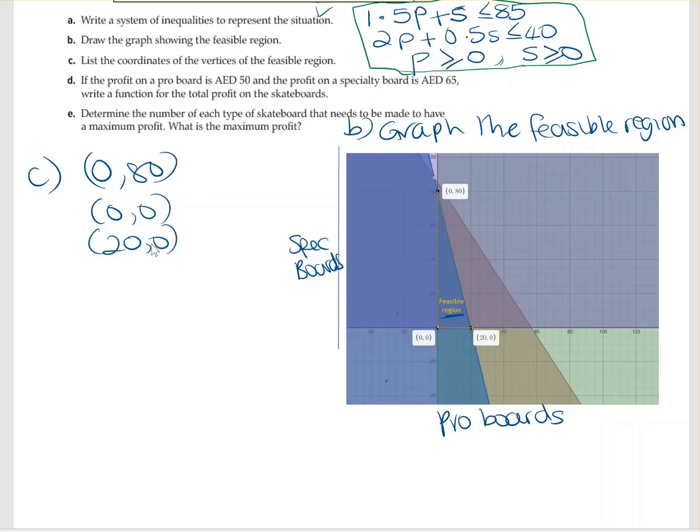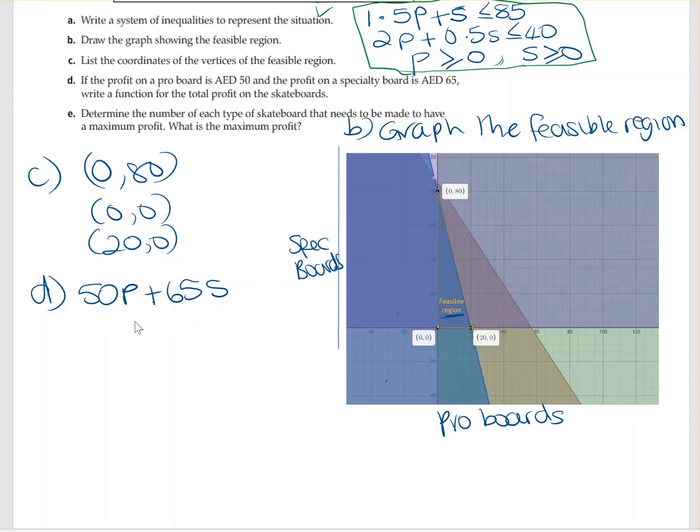So what we need to do now is D. It says if a profit on a pro board is 50 dirhams, so we've got 50, and the pro board we called P, and the profit on a specialty board, which we called S, is 65. Write the function for the total profit of the skateboards.